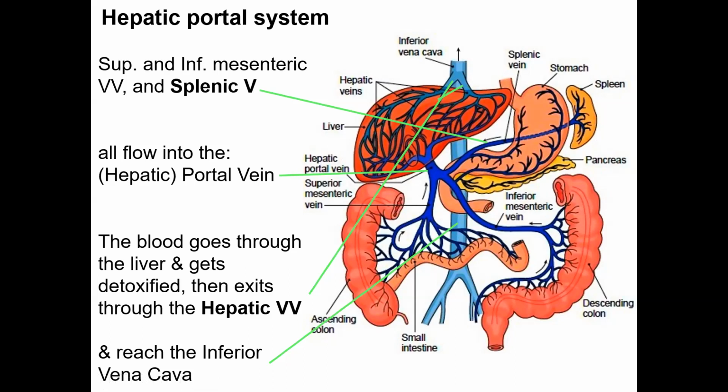And then that blood is sent back to the heart via the hepatic veins. So we've got left and right hepatic veins, and then it goes to the inferior vena cava, and then it goes to the heart, okay? So a portal system is really important for us to detoxify the food, the nutrients from the food that comes into our body. And so it doesn't go right back to the heart, it goes through the liver and then back to the heart.